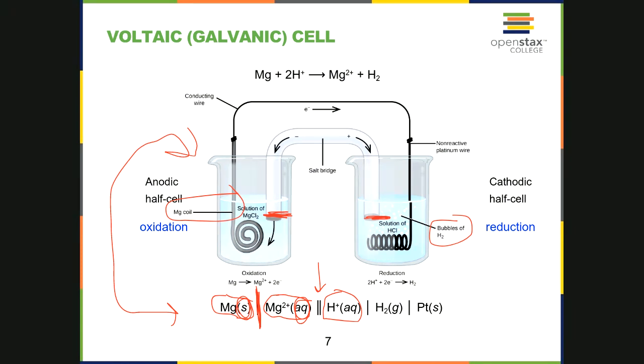So that's this part here. Again, we've got a vertical line because you're going from aqueous solution to a gas. But to finish it out, we got to get to our last electrode, which is the inert platinum electrode. So we write that in, and then we put in a vertical line.